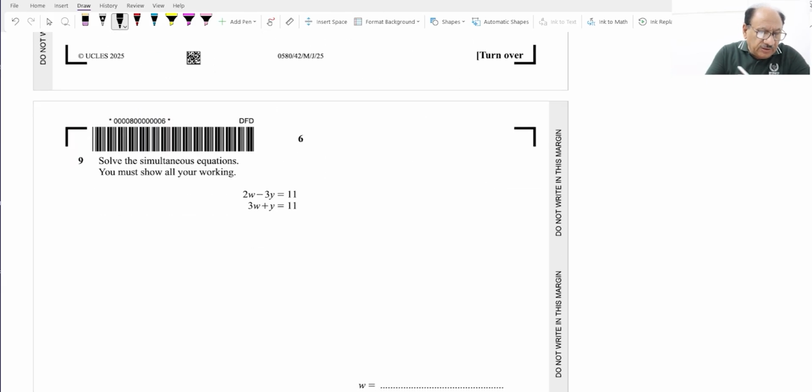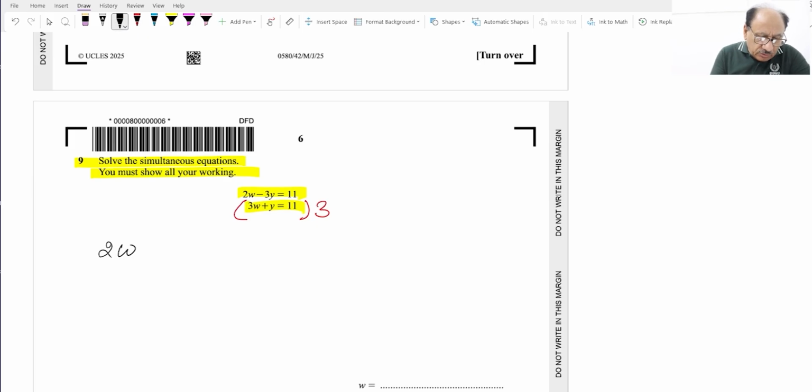Now further we can go to the next question, which is simultaneous equations, and we have to show all our working also. These two equations are provided, and we need to multiply the second equation by 3 to equalize the coefficient of y, and we can rewrite the equation.